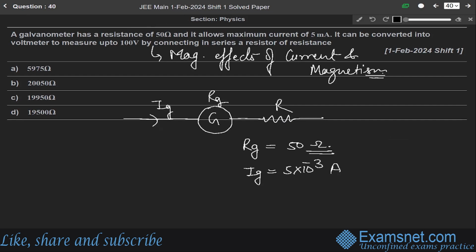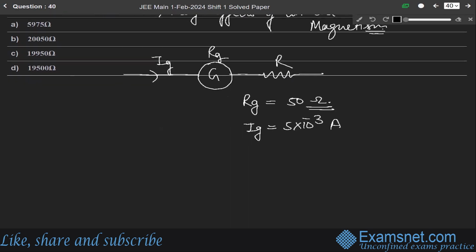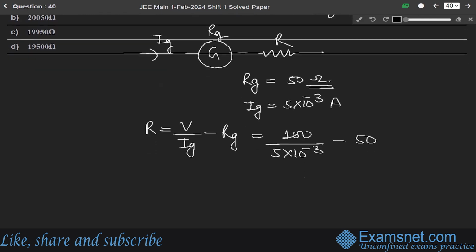It can be converted into voltmeter to measure up to 100 volt. Okay. So using the formula, R is equals to V over Ig minus Rg. So V is 100 volt over Ig is 5 into 10 to the power minus 3 and Rg is what? 50. Now solving it, we get 10 to the power 2 plus 3 over 5 minus this 50.